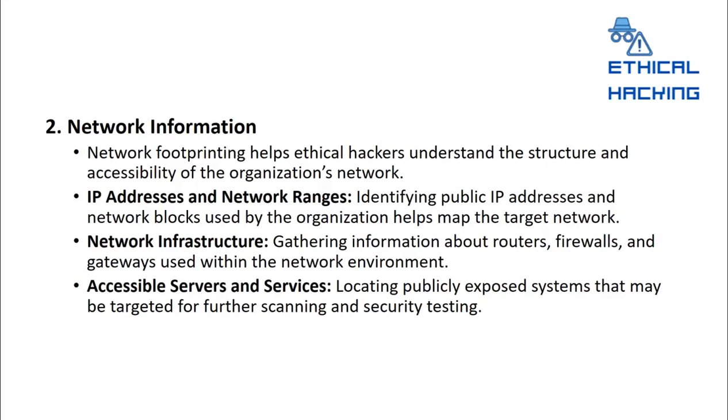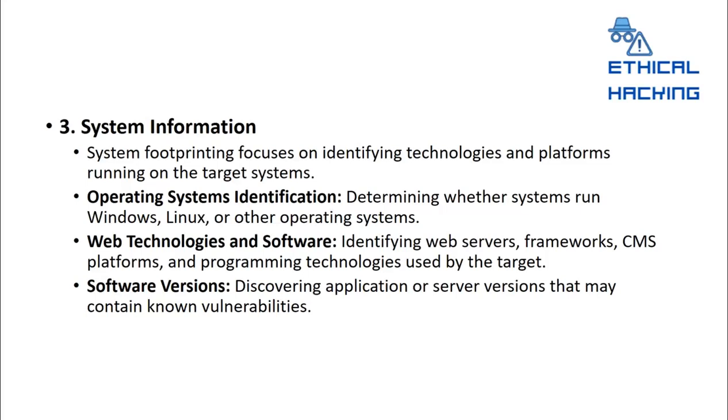Then the network infrastructure, that is the information about the routers, firewalls, and gateways used in the network. Then the next information type is accessible servers and services. That is how many systems are publicly exposed, how many systems are available in the network. That kind of information is gathered.